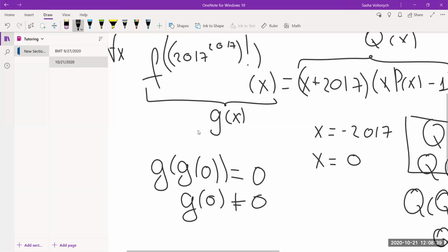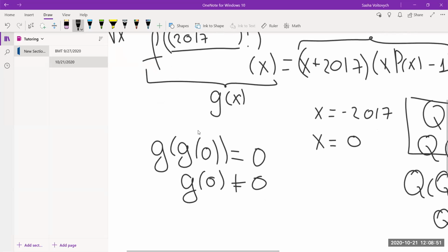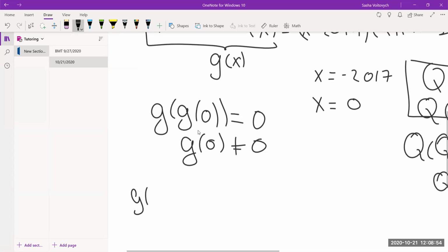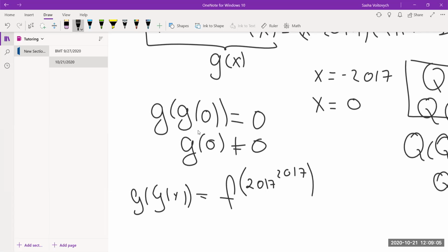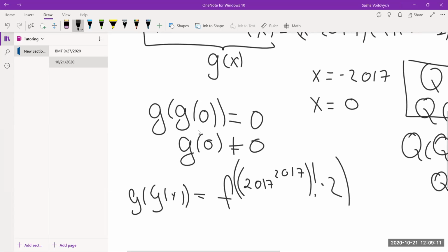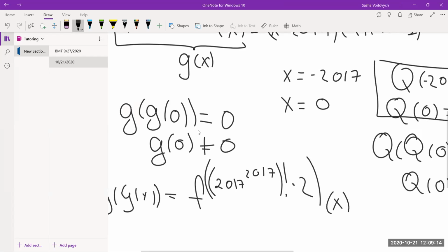Since G is f composed with itself this number of times, G of x is just f to the power 2017 to the power 2017 factorial times 2 of x. Okay.